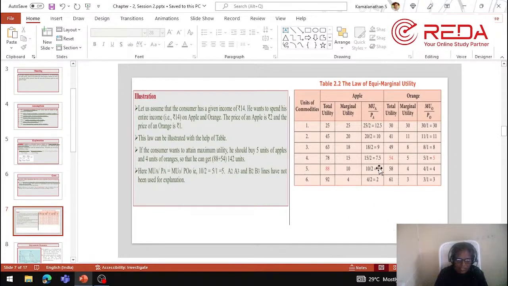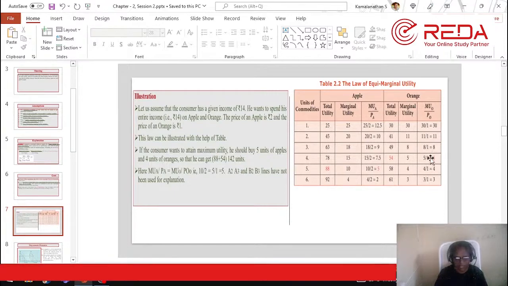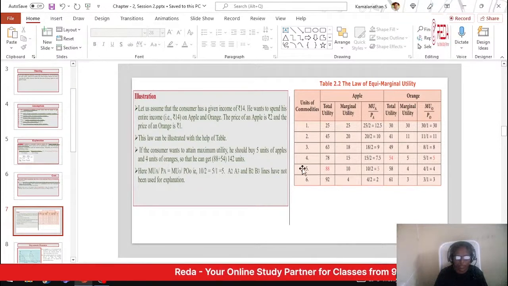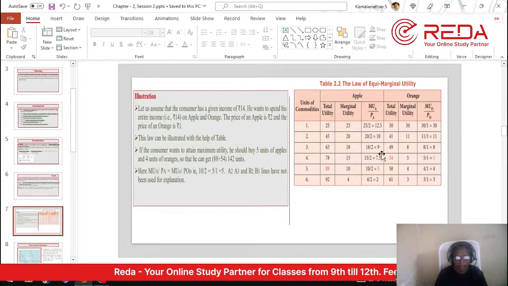See here, the same 5 as marginal utility is found in buying the oranges. See here, 5 is there. So this 5 and this 5 match only when the consumer is buying 5 units of apples and 4 units of oranges.